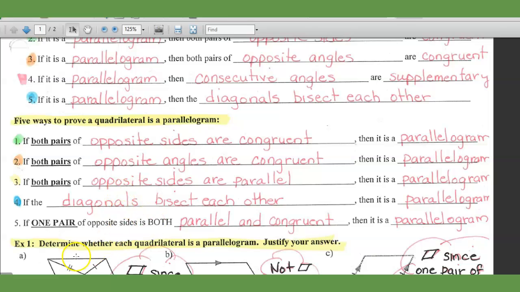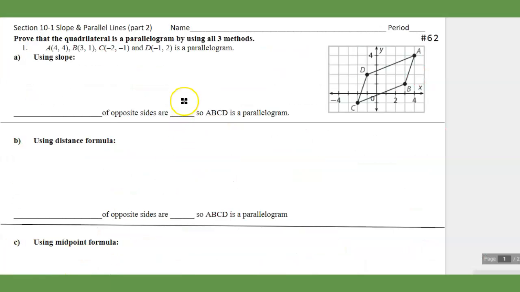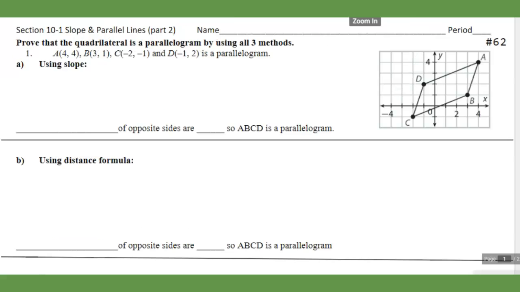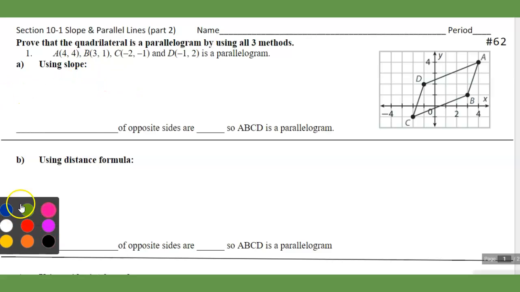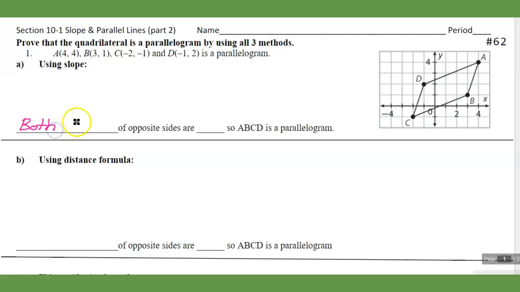So it's just day 2 of the same thing, but using all three methods instead of just using slope only. But the first is the same method that we did yesterday. We can prove it's a parallelogram just by showing that both pairs of opposite sides are parallel.